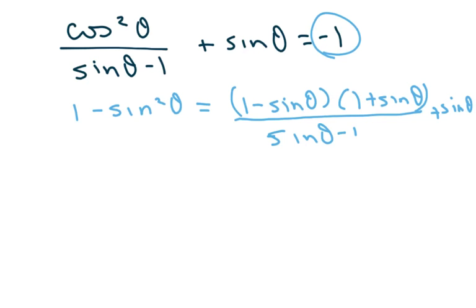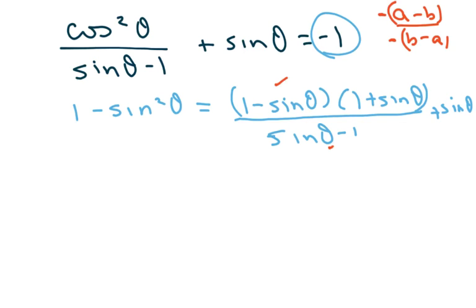Now what we have here is that we can't cross these two out. So what I'm going to do is, remember when you have something like a minus b over b minus a, what you can do is negate both of them.